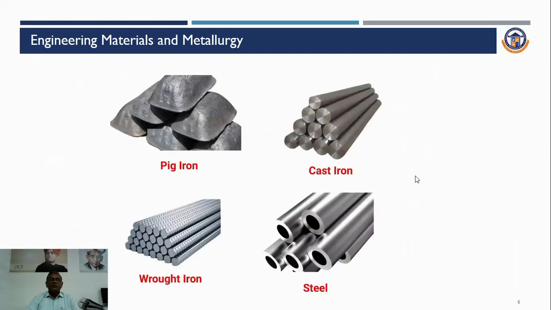These are some of the examples: pig iron, cast iron, wrought iron, and steel. Each has a different composition. Iron may be the predominant element, but in addition to iron, some other elements are also added. Based on that, it has been classified as pig iron, cast iron, wrought iron, and steel.